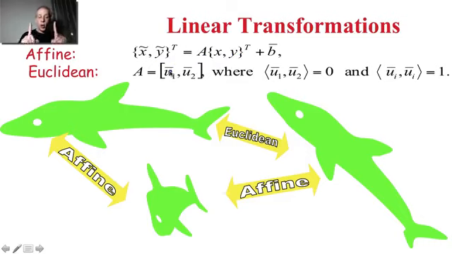This has to have columns which are orthogonal, meaning the inner product equals 0. We just saw that in the previous slide. Inner product equals 0 means orthogonal, and they also have to be unit vectors.